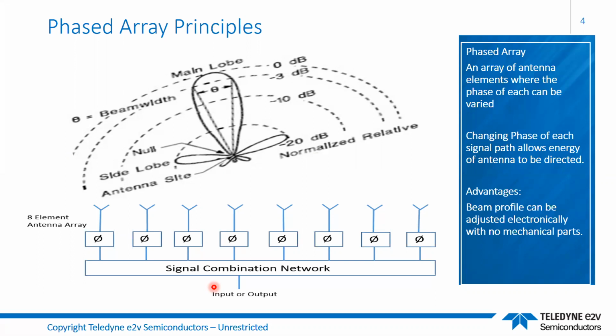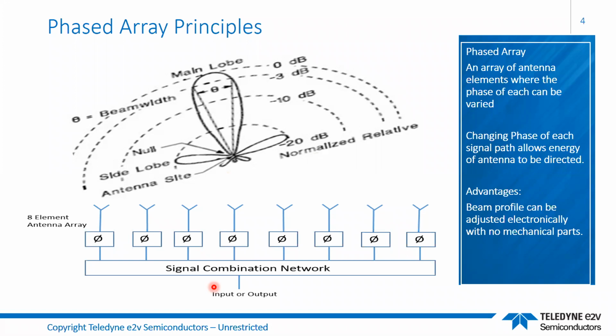So this means that the beam profile can be adjusted electronically, no mechanical parts, very quickly. So you can have scan rates much quicker than a mechanical system.